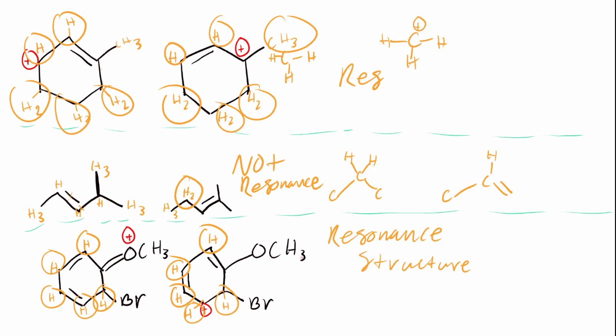So here's how you count your hydrogens. How many bonds does this carbon right here have? We have 1, 2, 3. That goes there, that goes here, that goes there. So 3 bonds. We want 4 bonds, so we're going to make a hydrogen.